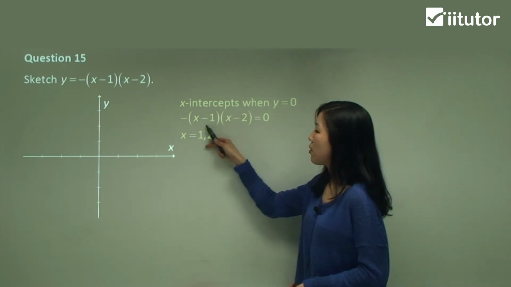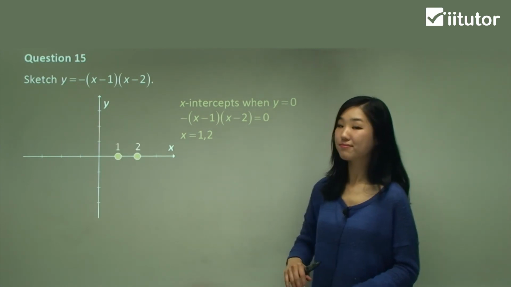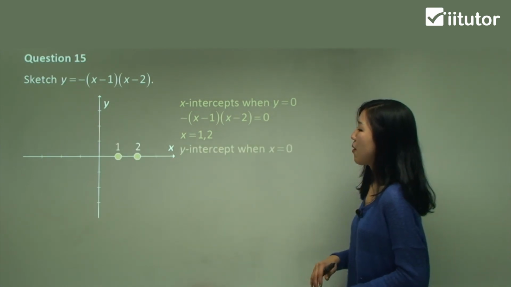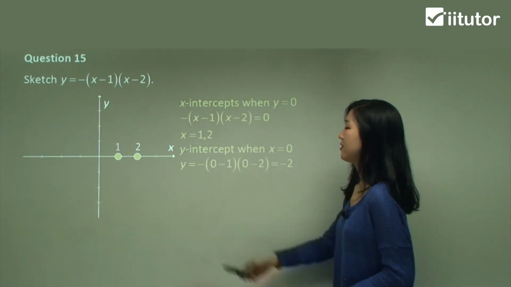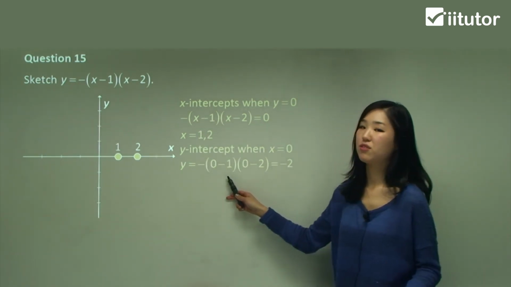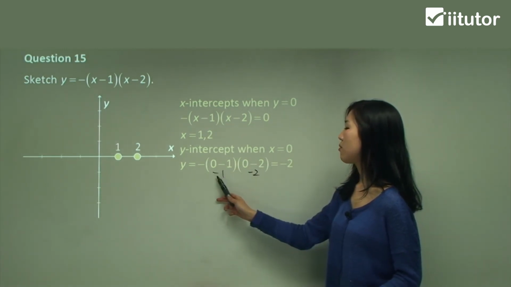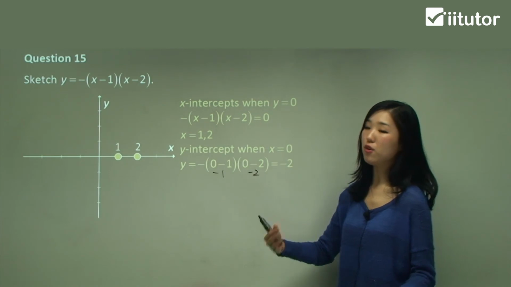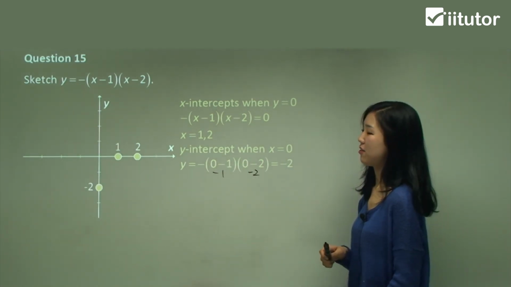So the x will just be positive 1 and 2 if we solve it. Just plot it in. And now we'll find our y-intercept, so sub in x equals 0. Just like that. So 0 minus 1 is negative 1. 0 minus 2 is negative 2. Negative 1 times negative 2 is positive 2. But because we have the negative in front, it's going to be negative 2. So plot in negative 2.